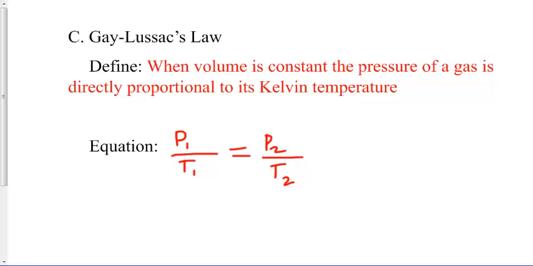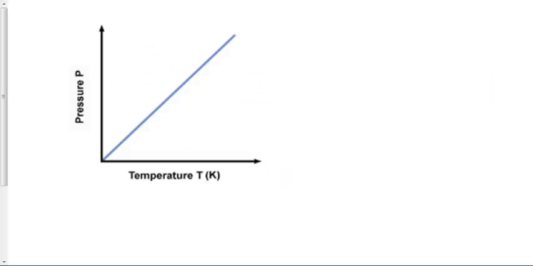P1 over T1 equals P2 over T2. This is going to have the same graph for directly proportional relationships as you saw before. Temperature and pressure will show a straight line.